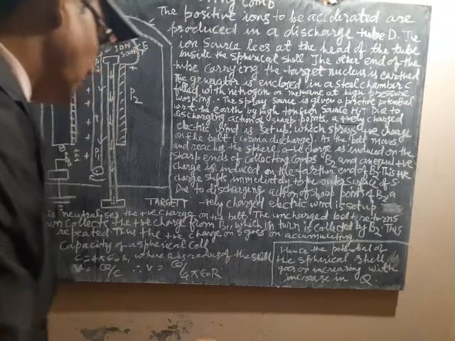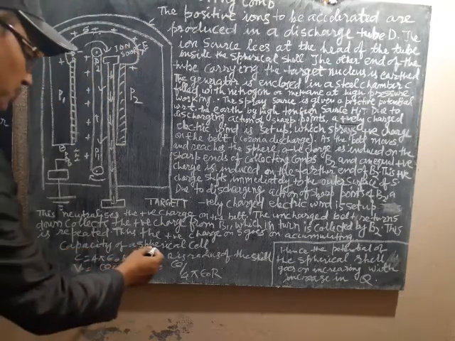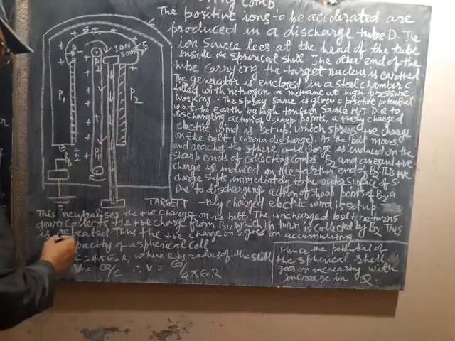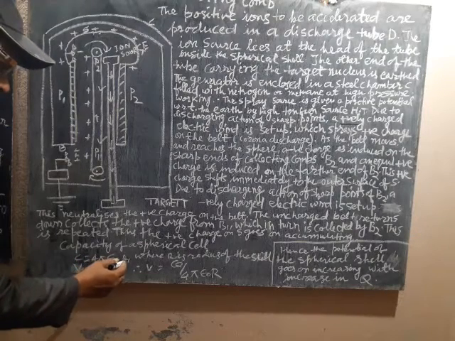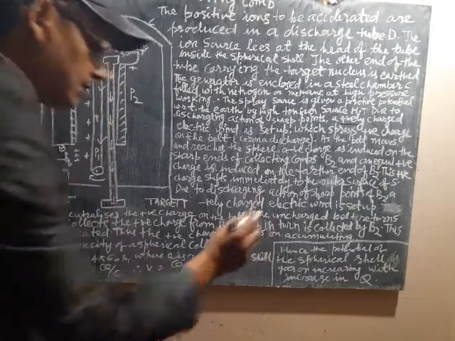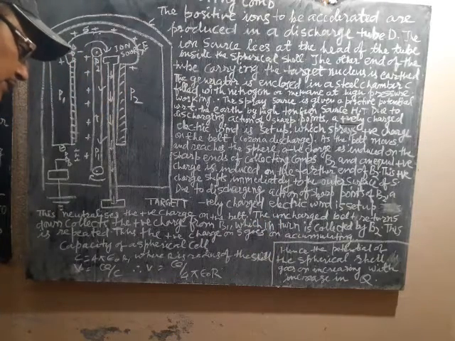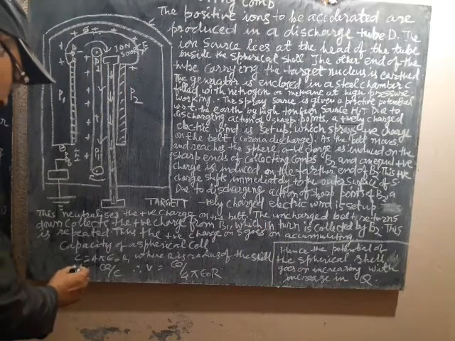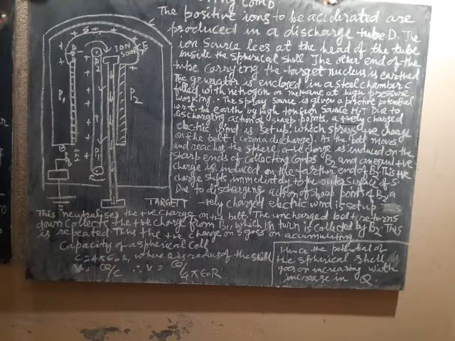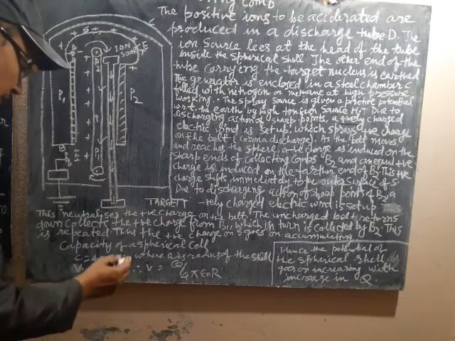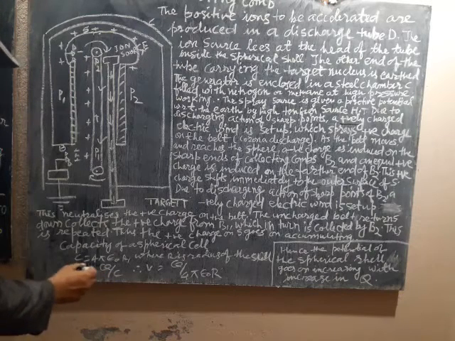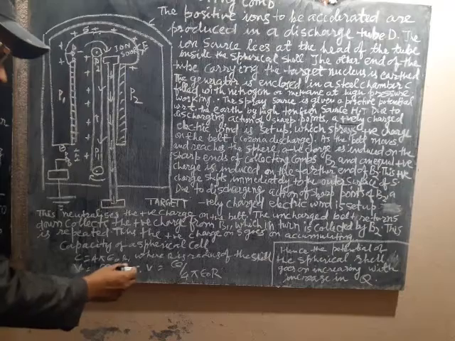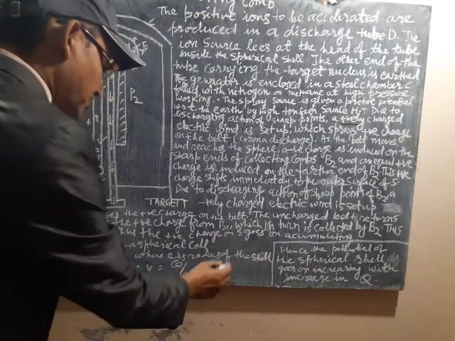Capacity of a spherical shell. Here I have written the mathematical part. In the case of a sphere, C is equal to 4 pi epsilon 0 r, where r is the radius of the shell. V is equal to Q by C, potential difference is equal to charge by capacitance. Putting the value of C, V is equal to Q by 4 pi epsilon 0 r.